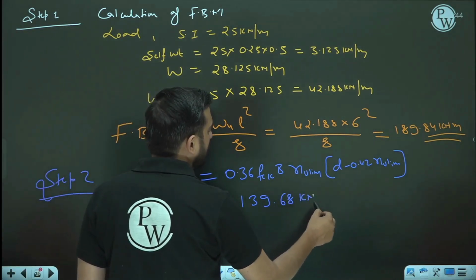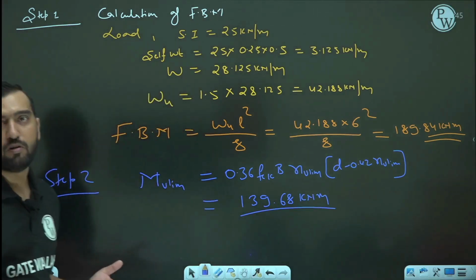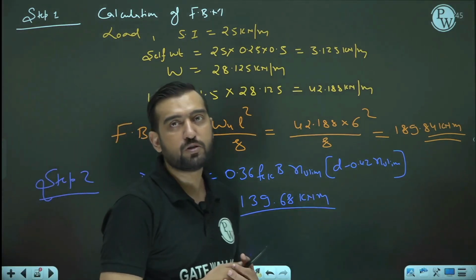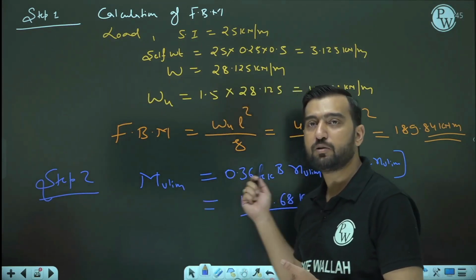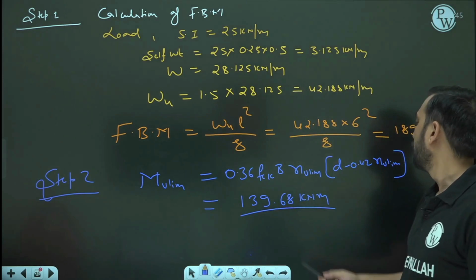It is 139.68 kilonewton meter. So obviously we have to design a doubly reinforced beam, because the factored bending moment is greater than Mu lim.